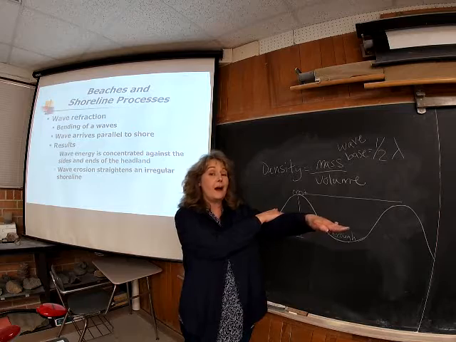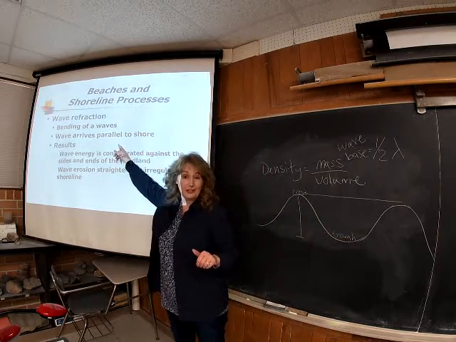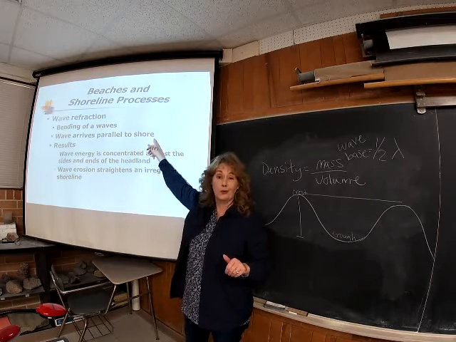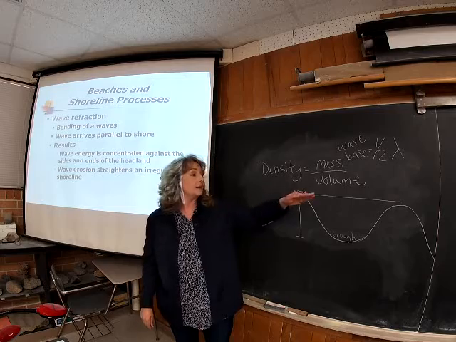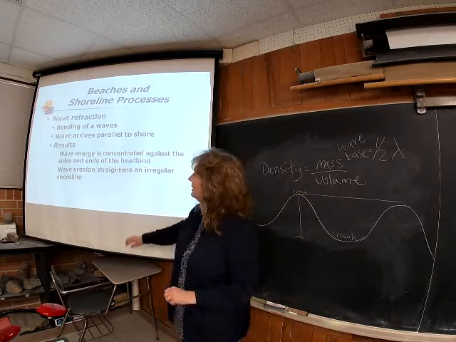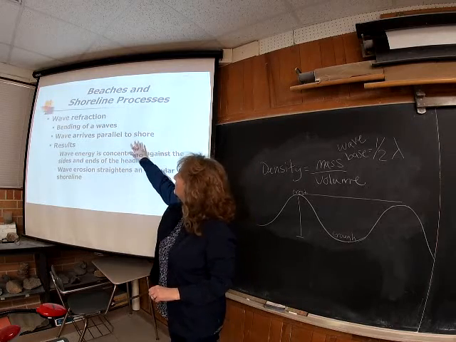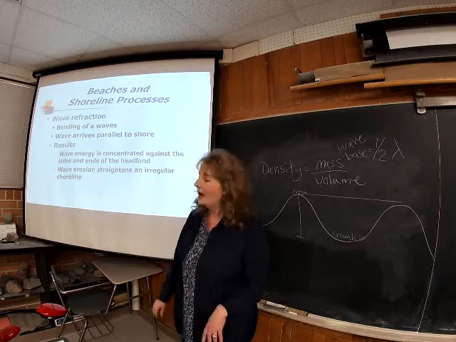So you end up with your wave coming in eventually parallel to your shoreline. Okay, so it will refract and bend, right, depending on the topography at the bottom of the shore there. So the wave usually is going to arrive parallel to your shoreline.